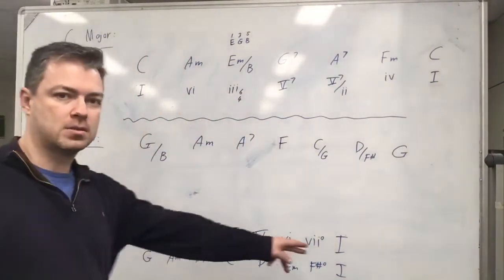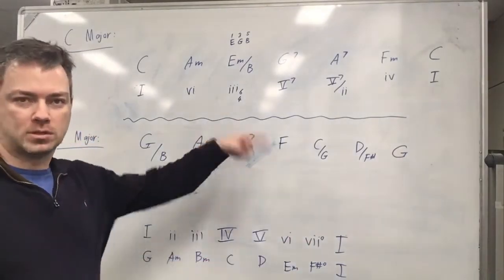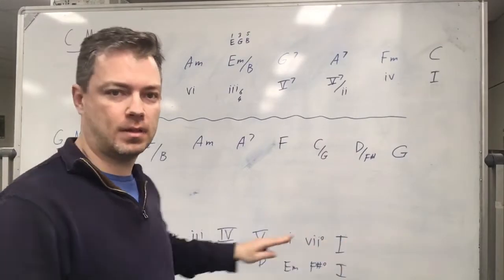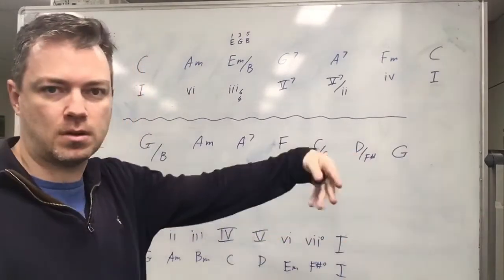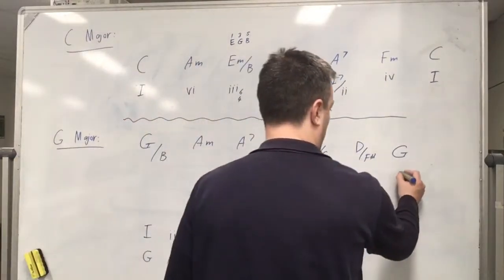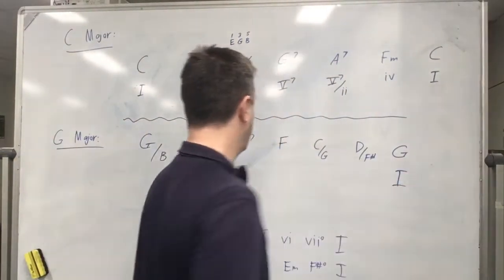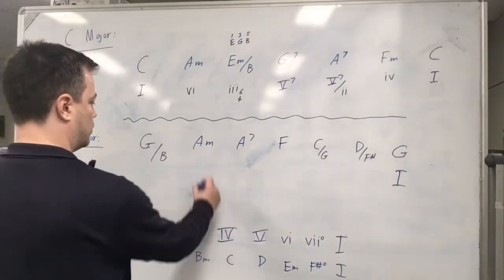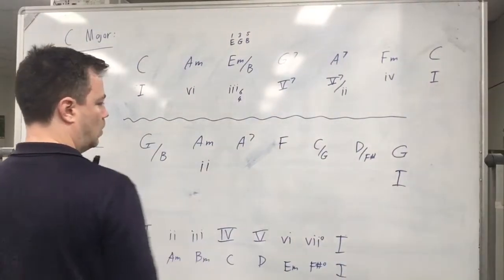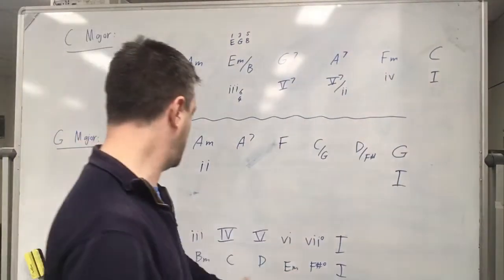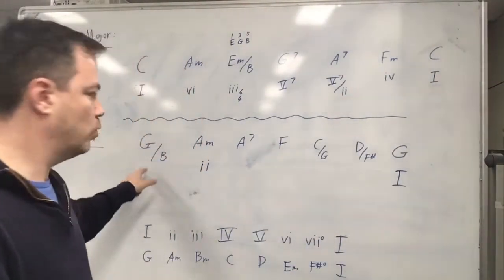Cool, that'll help us identify chords that don't belong to G major. So that's where I always start. Okay, let's find just the stock standard chords from G major. Obviously we've got a G on the end, we can do that one, chord 1. We have an A minor, so that's a chord 2. We have some slash chords here that are in the key, like G, C, and D, but of course those are inversions.